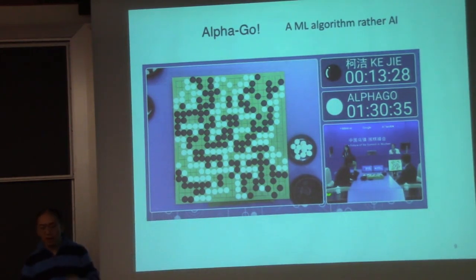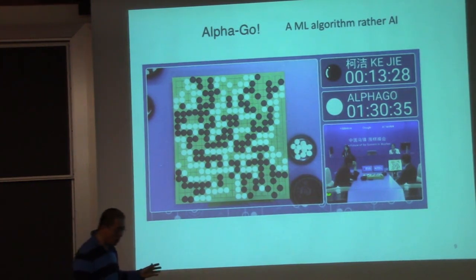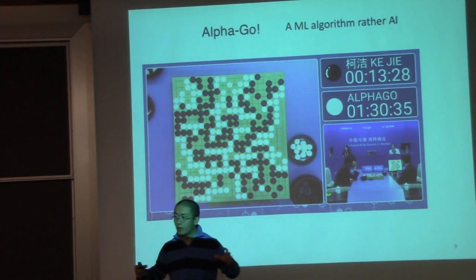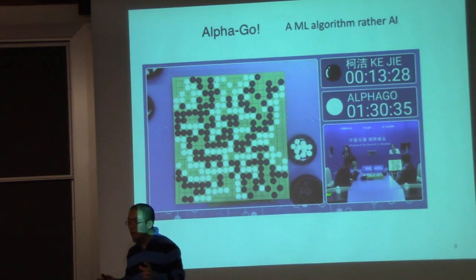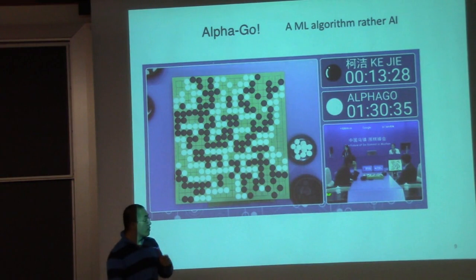We can solve it by building very powerful integrated circuits. The IBM researchers actually built a very powerful chip, and they encoded the searching algorithm in the hardware. But this solution cannot succeed in playing Go.